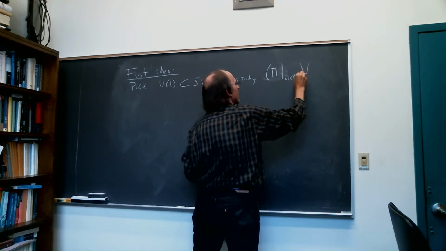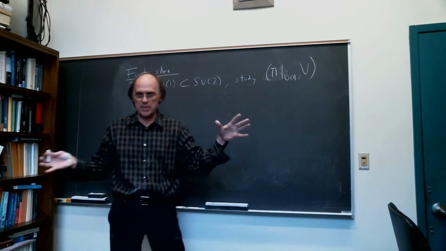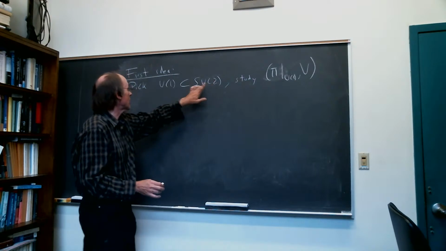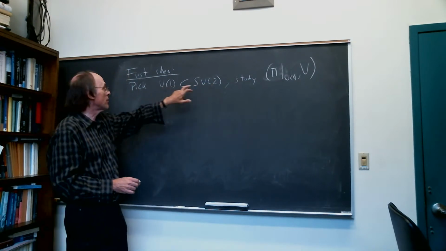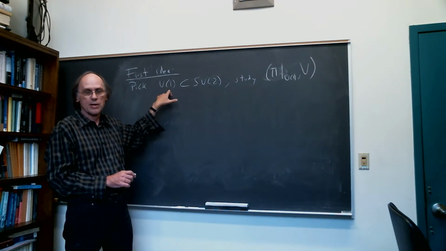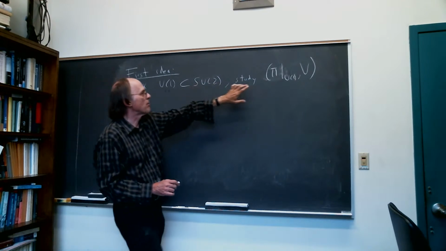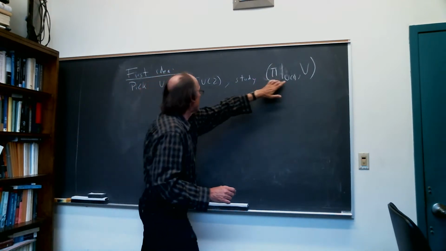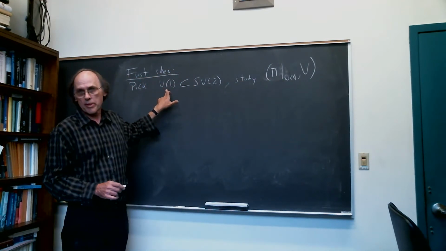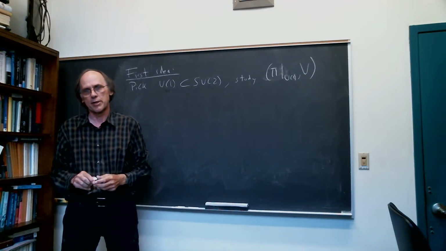So in other words, if you have a representation, you can just restrict it to this subgroup. And we actually know what all the possibilities are here. We don't know much about these pi's in general, but if we restrict them to this subgroup, then we know that they have to break up into these one-dimensional pieces labeled by integers.